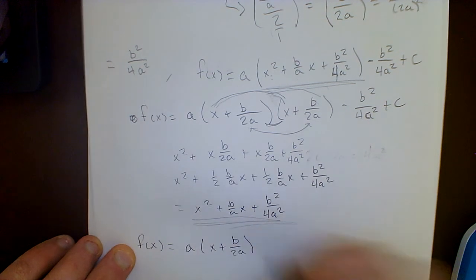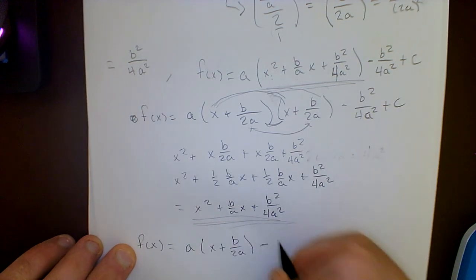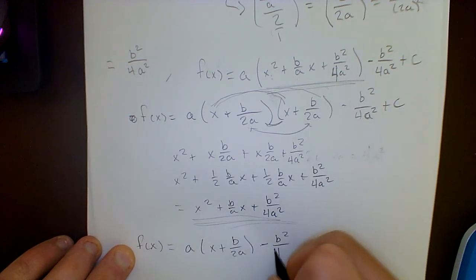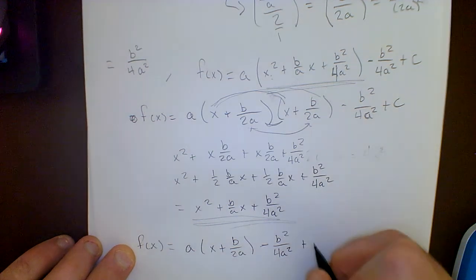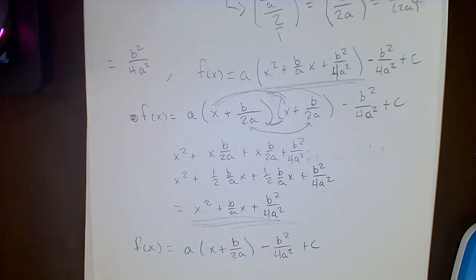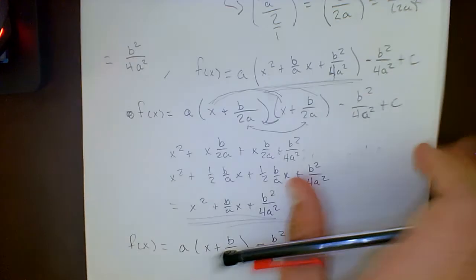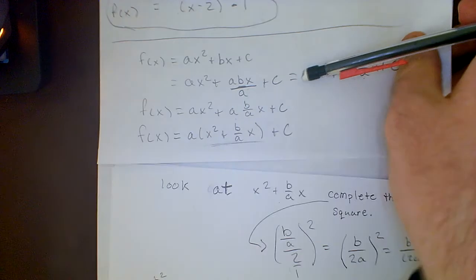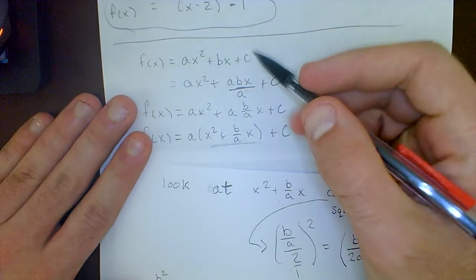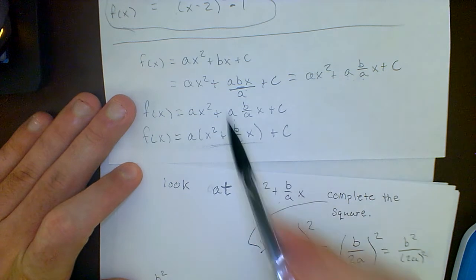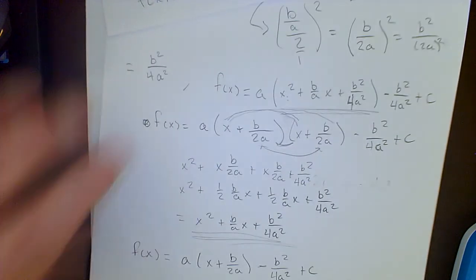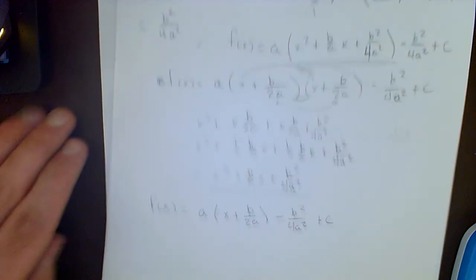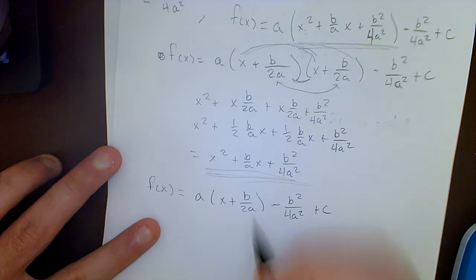Okay? So bottom line is now we have f of x equal to a times x plus b over 2a, minus b squared over 4a squared plus c. Okay, so we've started with this general form quadratic and did a bunch of algebra, did our completing the square all the way down to here, and we've got a formula that's now in standard form.